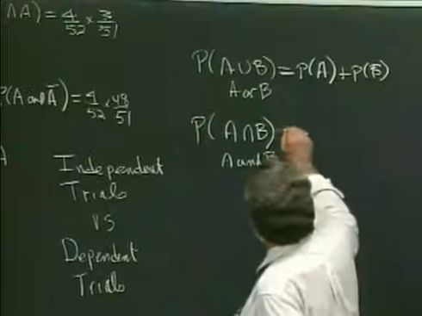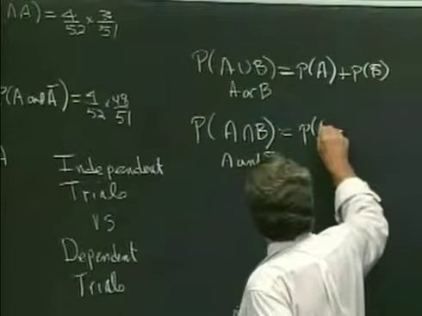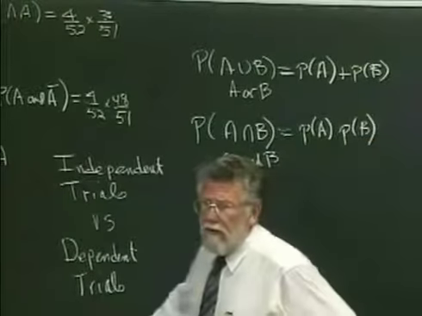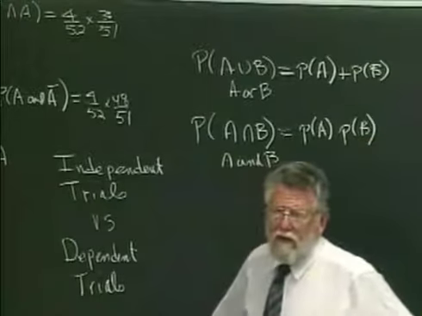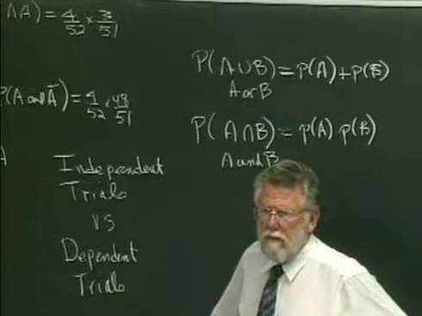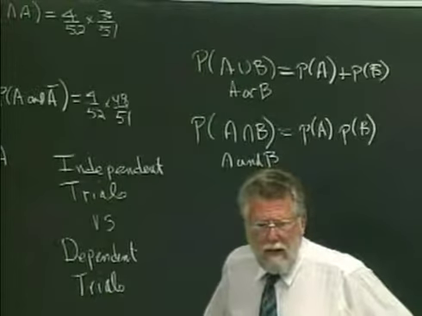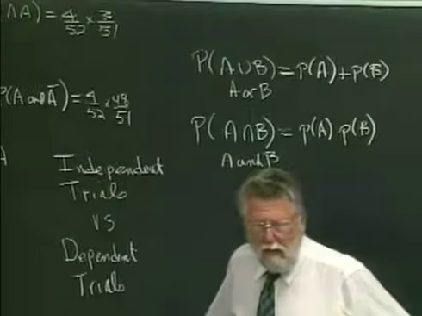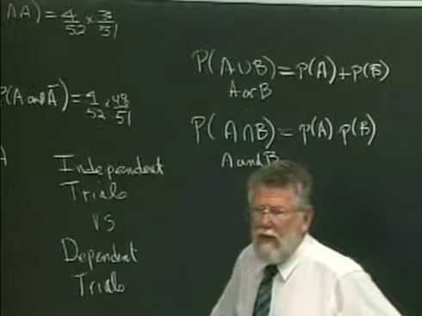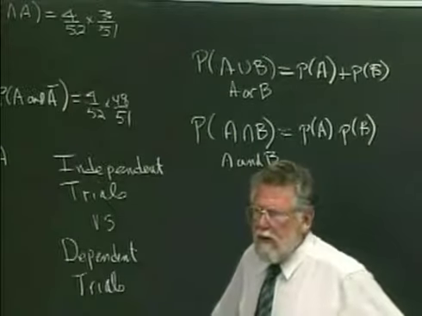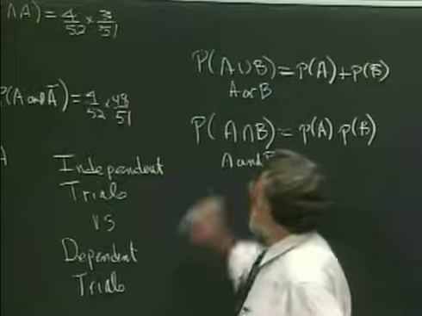We're going to argue that this probability is the product of the two probabilities, but again with a restriction. And the restriction is going to be that the events are independent. Now, in terms of the tree diagram, it's saying that when I take the second branch, it's not dependent on the first branch outcome. So flipping a coin, those are independent trials, so this works.